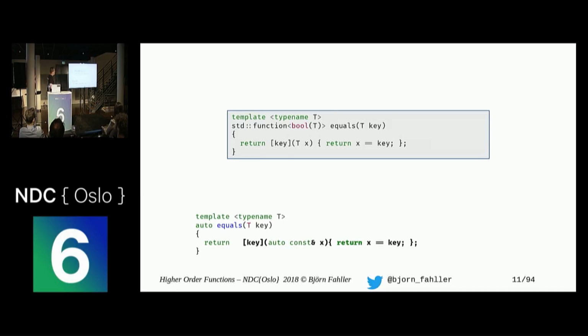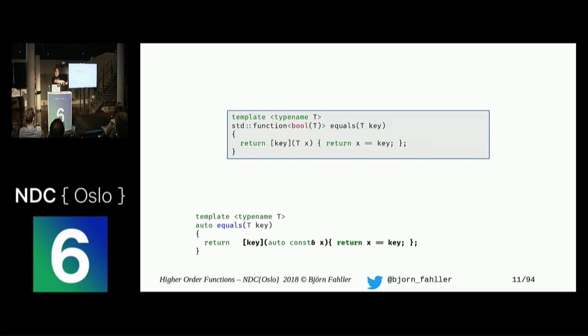And sure, I can sort of do that with std function. But this is not exactly the same, is it? Because now we say that this std function that is returned must be called with the same type, for example, a std string. So in the case I call equals with std string and call the lambda with the const char star, I get a temporary created and destroyed for every call.